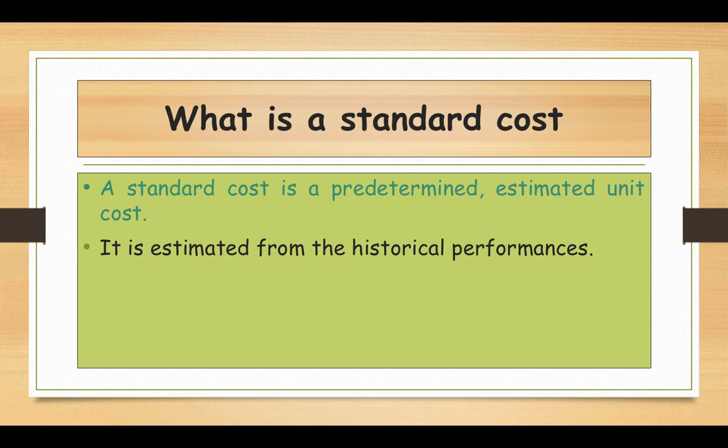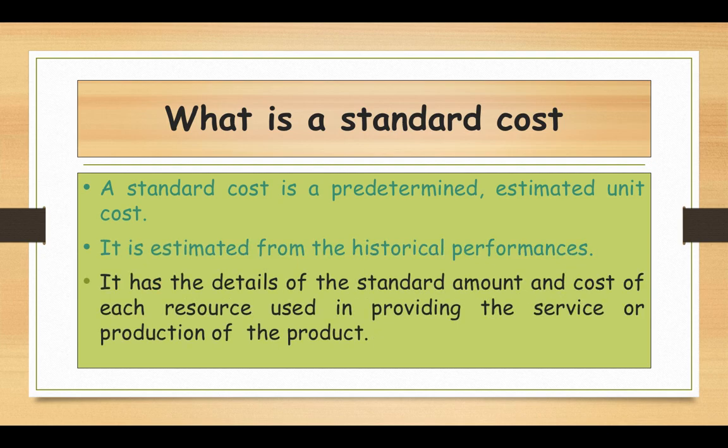This is estimated from historical performances. This will have all the details of material cost per unit, labor cost per unit, variable and fixed overhead cost per unit used in providing the service or production of the product.